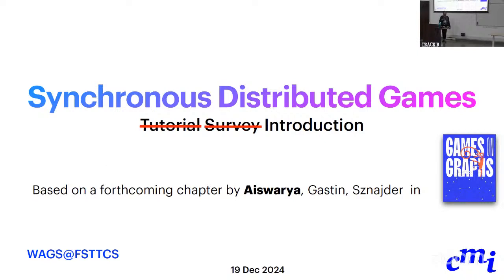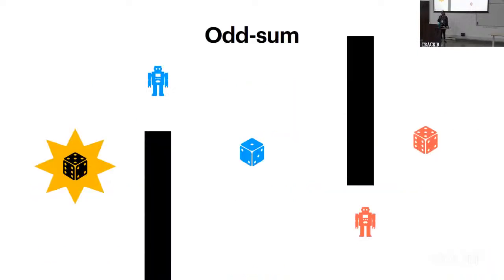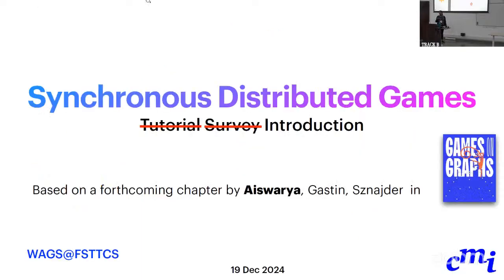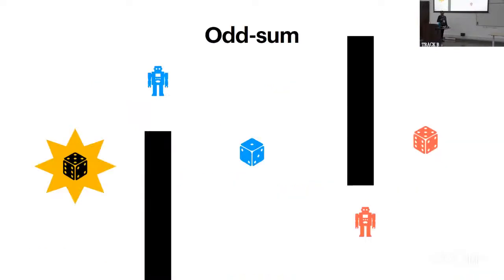Okay, so we will start with the game. Remember the title is Synchronous Distributed Games. There is some distribution and there's some synchronous. This is a game in which there are two players, this blue person here and this red one.